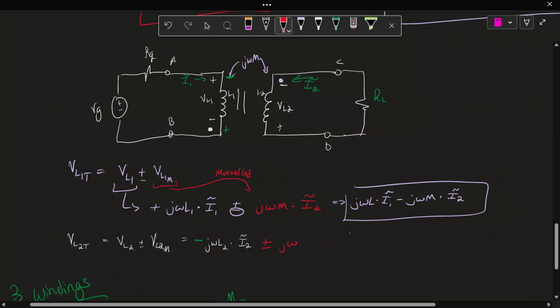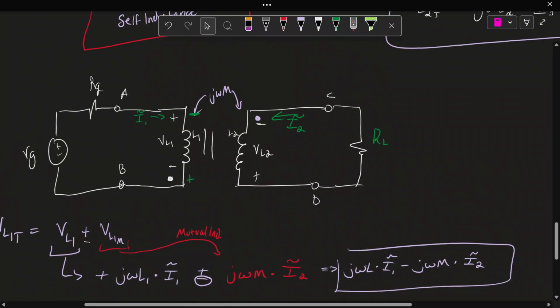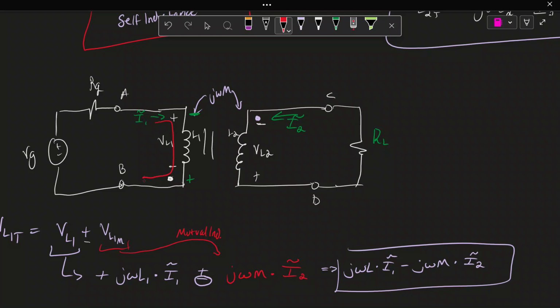And we know the values: j omega M times what? The current through L1 is I1. Now let's look at the dot convention. I1 passes through the undotted side first and leaves the dotted side. So which side will have the positive?